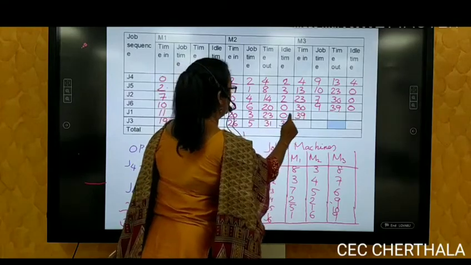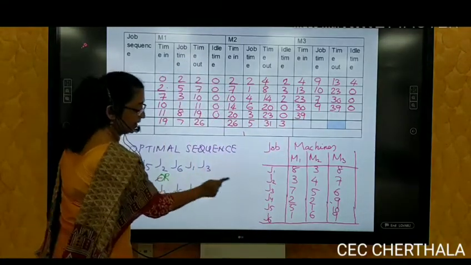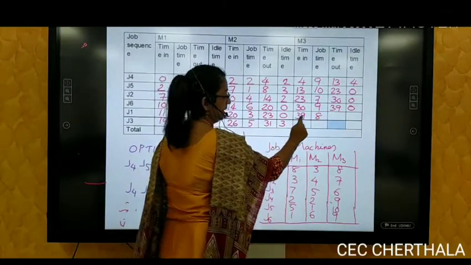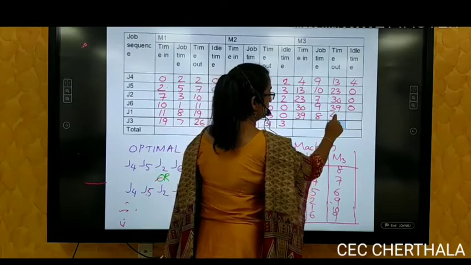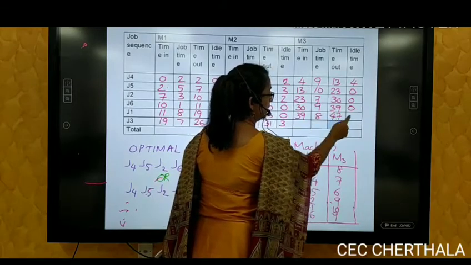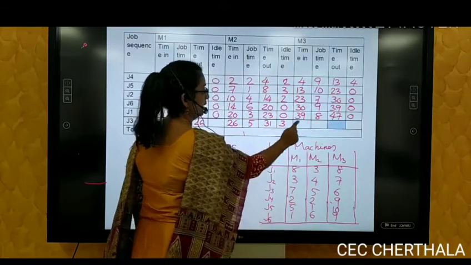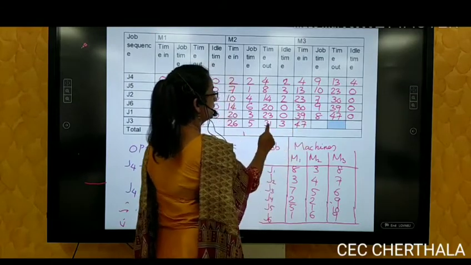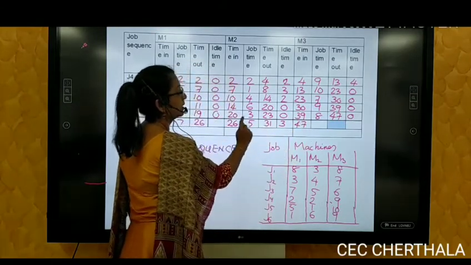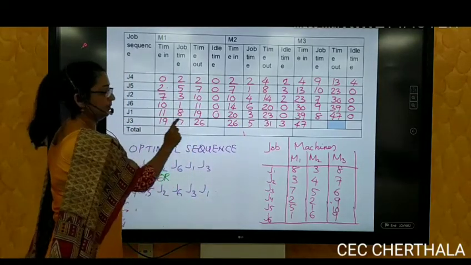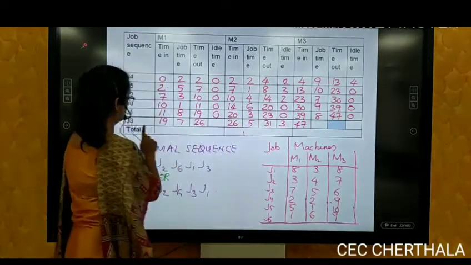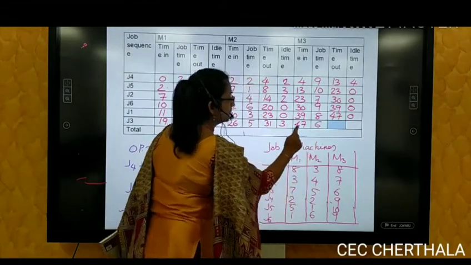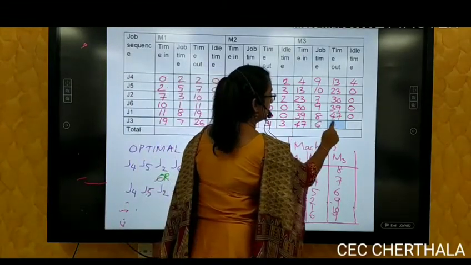Therefore, 39 plus the processing time of J1 at machine M3, which is 8. So 39 plus 8, that is 47. And idle time is 0. Now here also, we can write 47 here because at the 31st day, this job is completed at machine M2. J3 takes 6 days, 47 plus 6, 53.